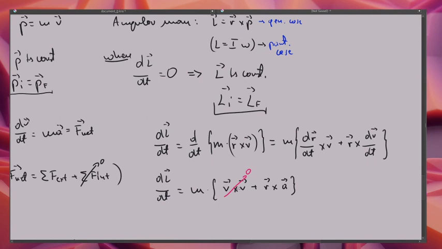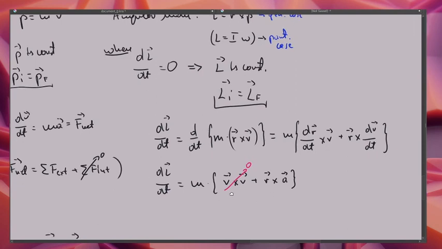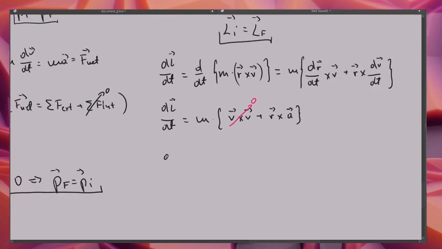So that just goes away, and now you end up with r cross a. dL/dt is equal to, taking a bit of a shortcut, r cross ma. But what's ma? M is just a constant, so I can put it anywhere I want, in front of a. It gives me ma. But ma is just F net.